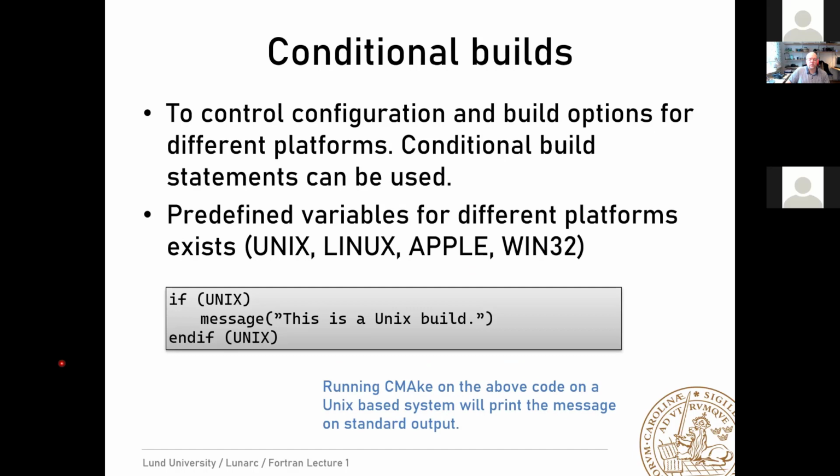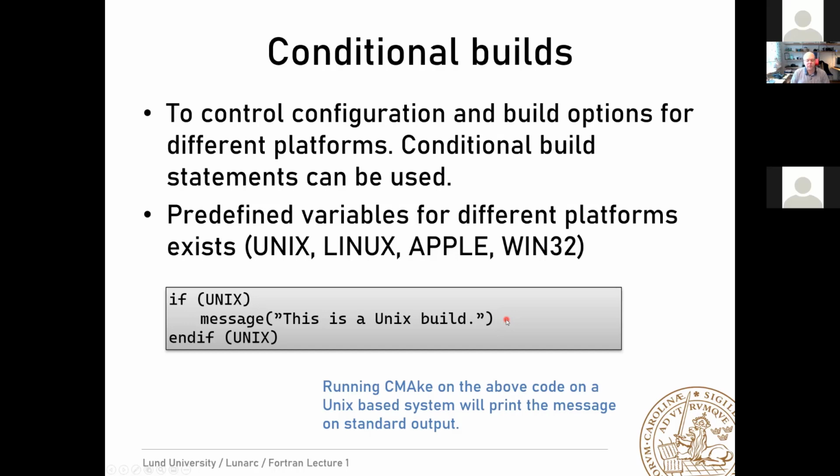Another nice thing with CMake is that you can do conditional builds. That is, you can control the configuration depending on the different platforms. There are a lot of different predefined variables for different platforms, for example UNIX, LINUX, APPLE, WIN32, and you can use very simple if statements in your code. So if UNIX, then this message will only display when building on a Unix platform.